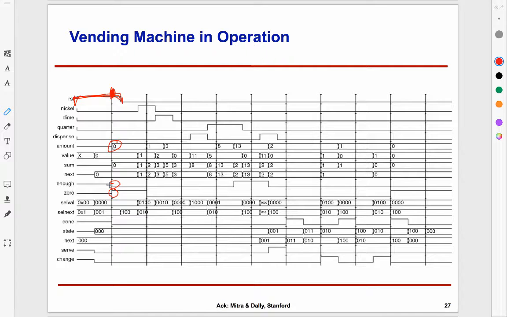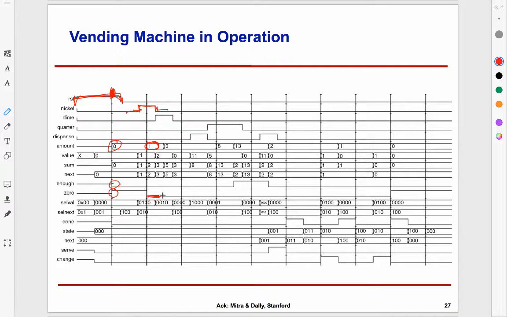So what is happening is, if you see out here, the nickel went high, and as a result, our machine saw the nickel went high, and amount becomes 1. So at this stage, amount has 1 in it, which is 5 cents. Enough still remains low because we have not hit our price, but zero becomes false because the amount the user has deposited is no more 0.